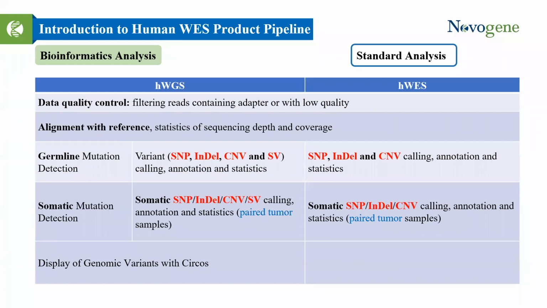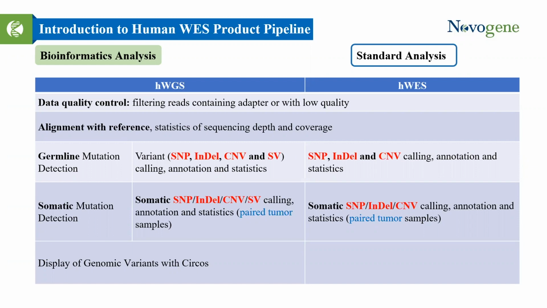However, if you provide paired tumor samples, we can offer another kind of detection named somatic mutation detection. We call somatic SNV, indel, CNV, and SV for human hWGS, and somatic SNV, indel, and CNV for human hWES.